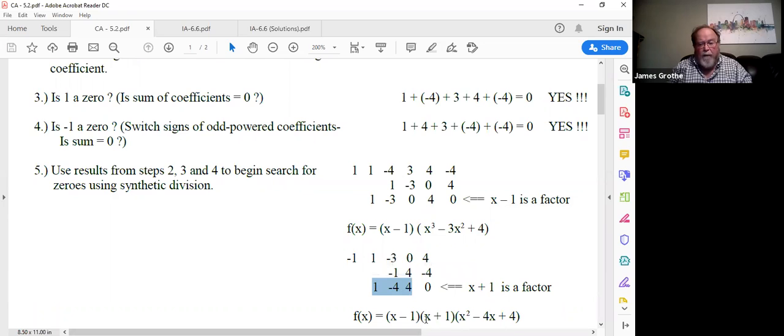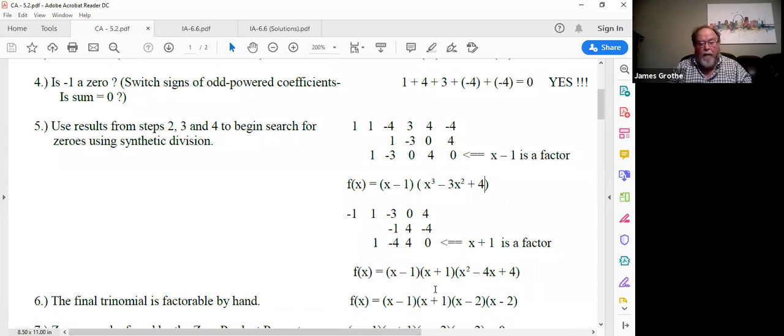So the product of these two terms will give me the x cubed minus 3x squared plus 4. And now I'm almost finished. Once we get our polynomial down into the product of linear factors, like x minus 1 and x plus 1, and a quadratic factor, x squared minus 4x plus 4, I can start setting things equal to 0.